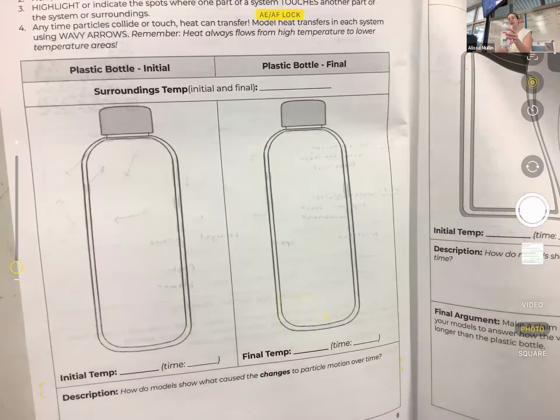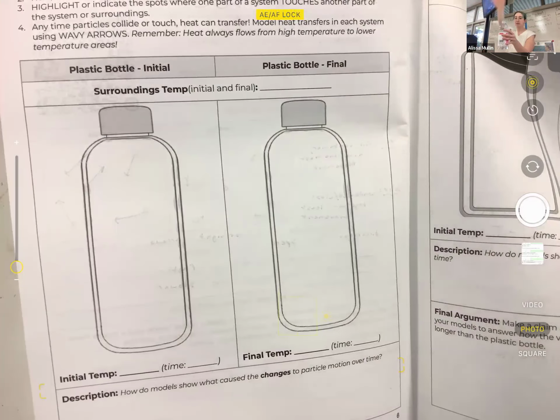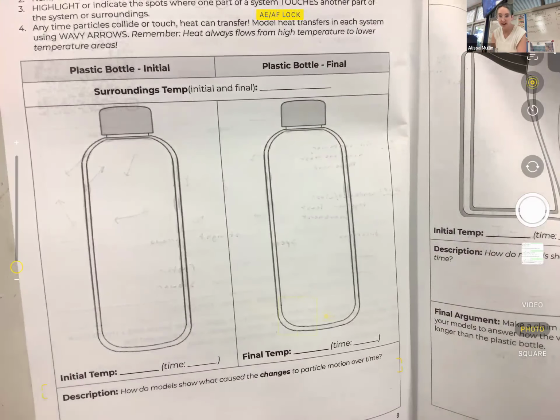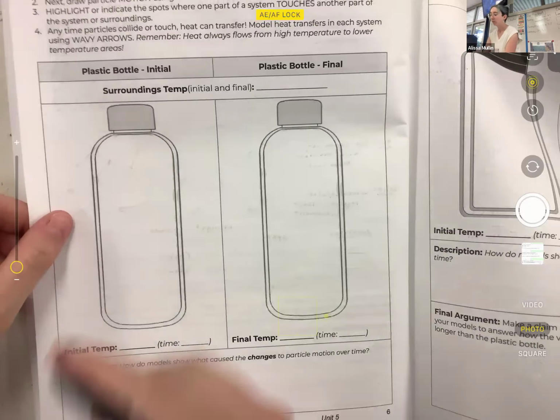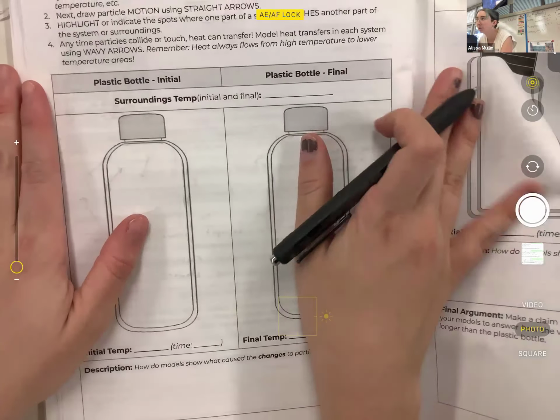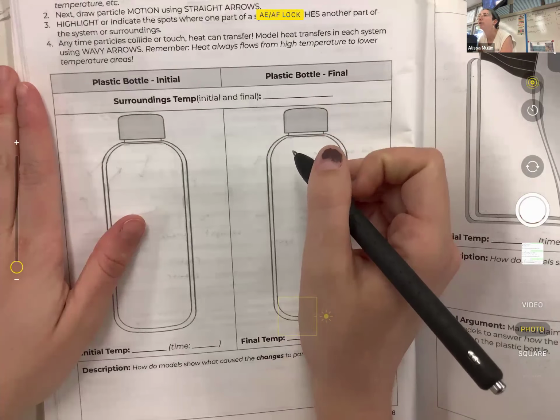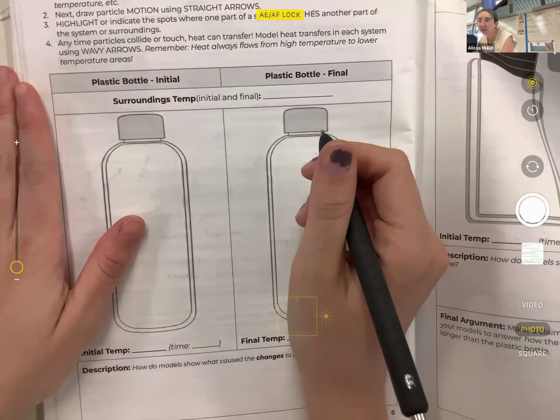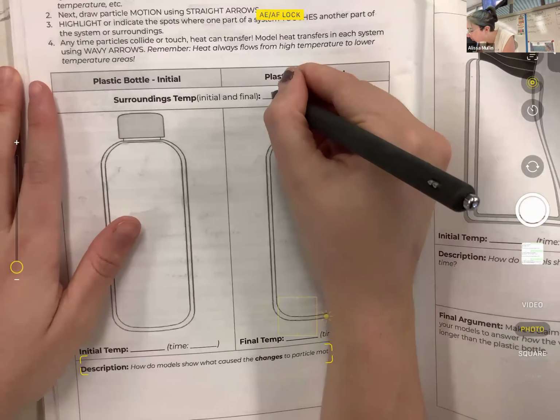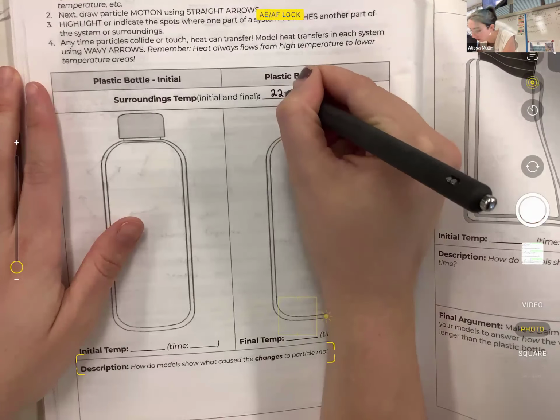And then our surroundings, which has interactions with our closed system, is the air. So surroundings, that would be our room's temperature. Looking at my thermometer I have up there, it looks like our room is at about 22 degrees Celsius.